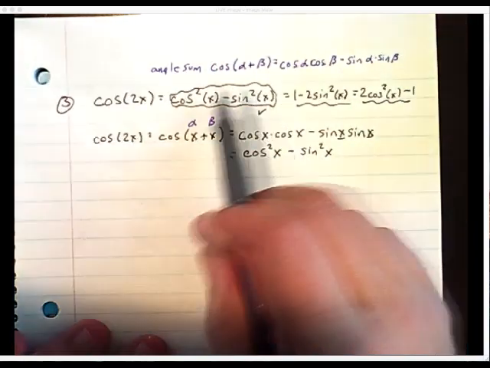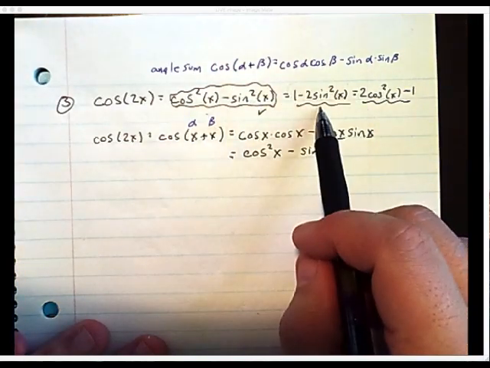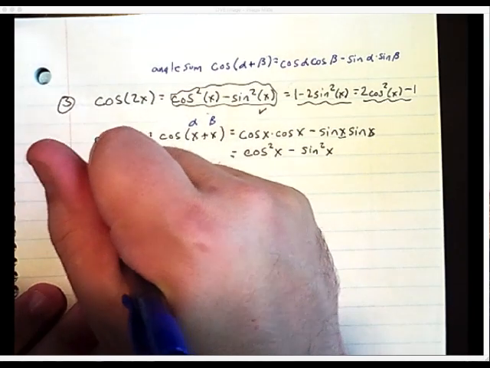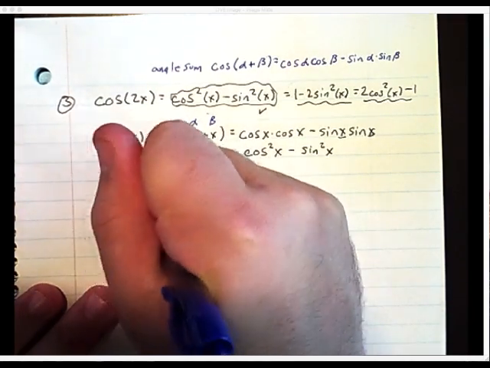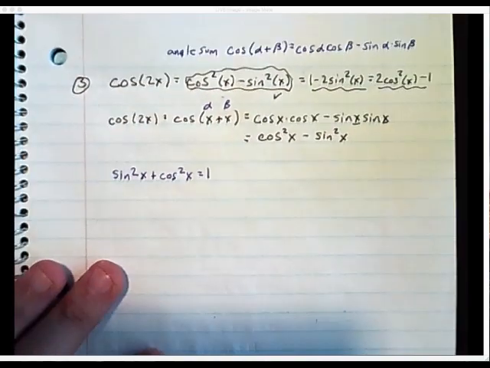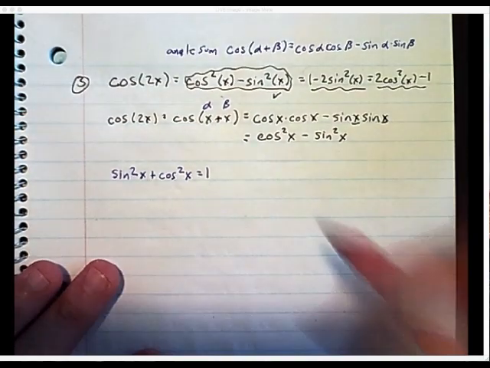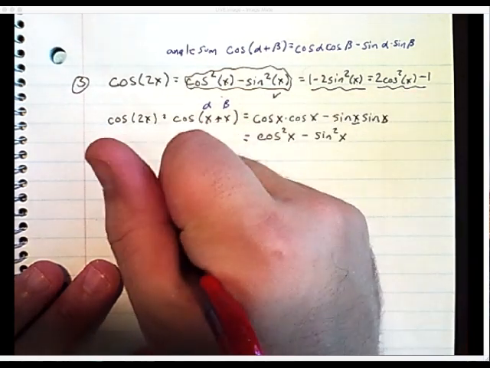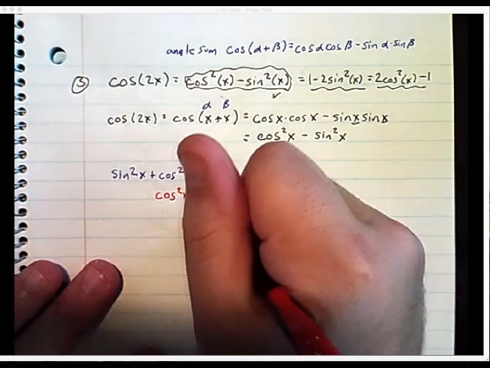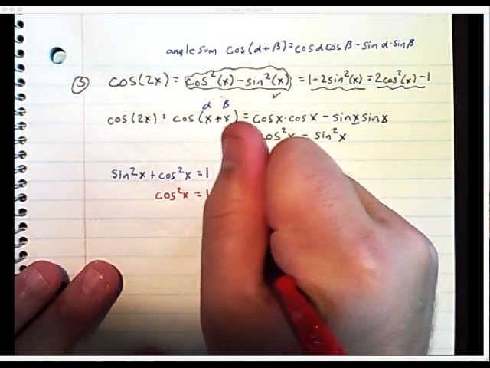Now, how do I show that that thing is also equal to that thing? We can actually use the Pythagorean identity. So go back to the sine squared of x plus cosine squared of x equals 1. If I wanted to figure out what cosine squared of x was, I could just subtract sine squared from both sides.